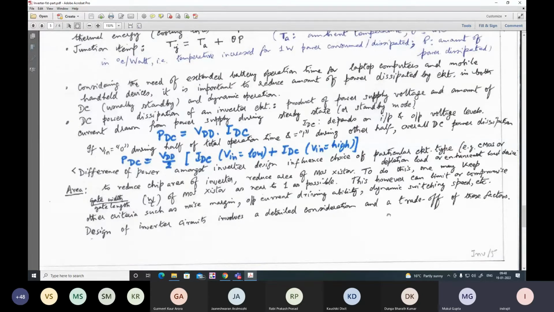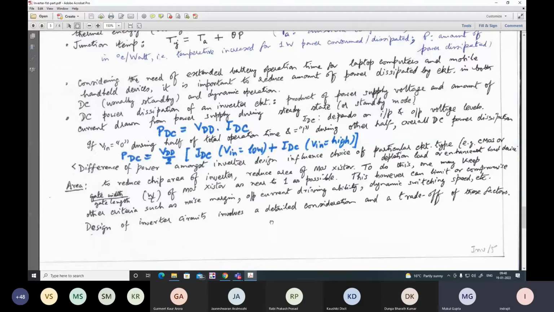If you try to decrease W below that, then the switching speed will become less and less, and thereby we can miss the target on the desired speed of the system. So the design of an inverter circuit will involve detailed consideration and a trade-off of these factors. I think we can look into the design aspect of a typical inverter tomorrow.